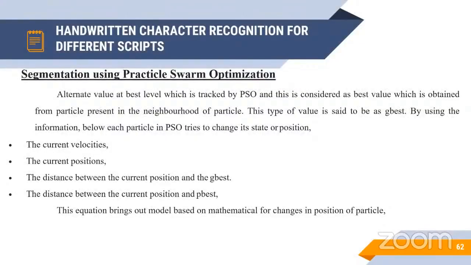The segmentation using particle swarm optimization. It is the one alternative value at best level which is tracked by the PSO. PSO means particle swarm optimization. This is one method. That method is used to present the neighborhood pixels in the image, such as the current velocities, even the current positions of the one particular character.